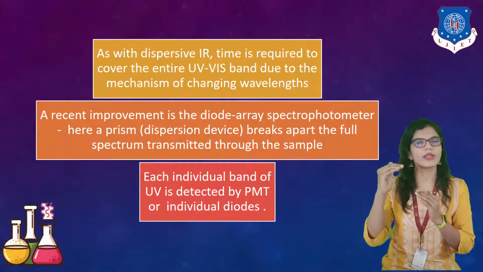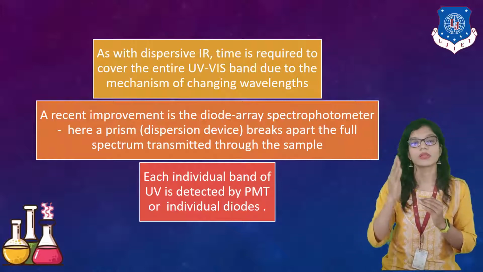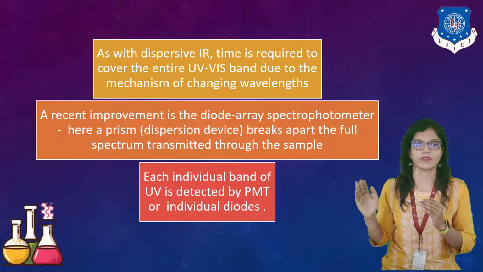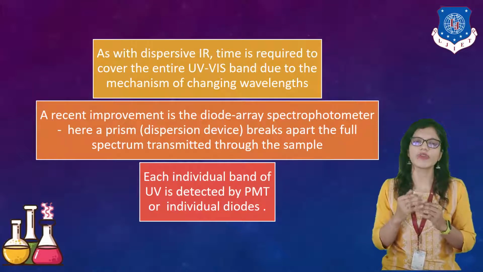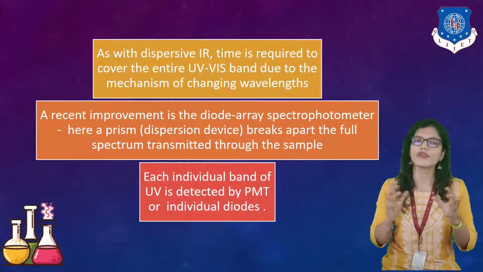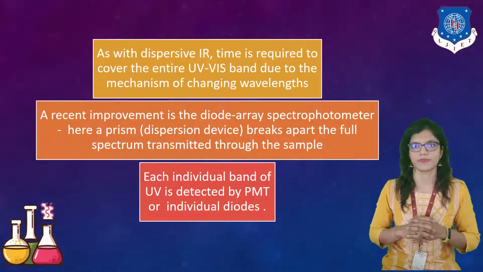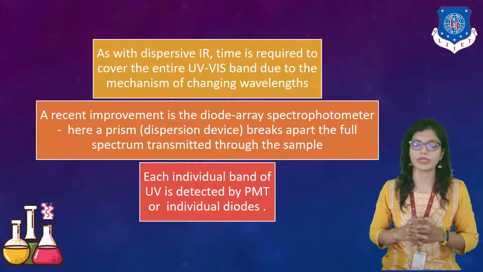One band will move towards the sample tube, while another will move towards the reference. When we have changing of the bands present here, certain kinds of fluctuations can be observed. So a recent improvement can be seen in the diode array spectrophotometer.